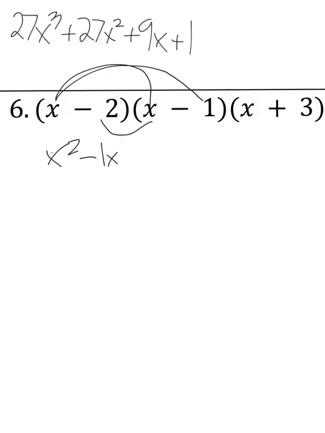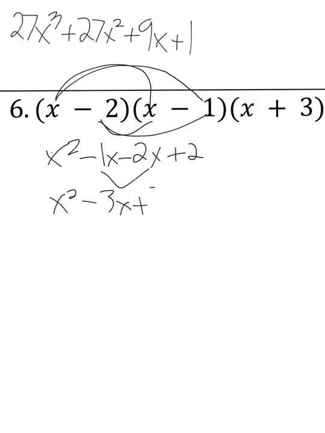Then we have negative 2 times x is negative 2x. And negative 2 times negative 1 is positive 2. So we just took care of those first two parentheses. So I'm going to simplify this real quick. That's x squared minus 3x plus 2. And then I still need to multiply it times x plus 3.